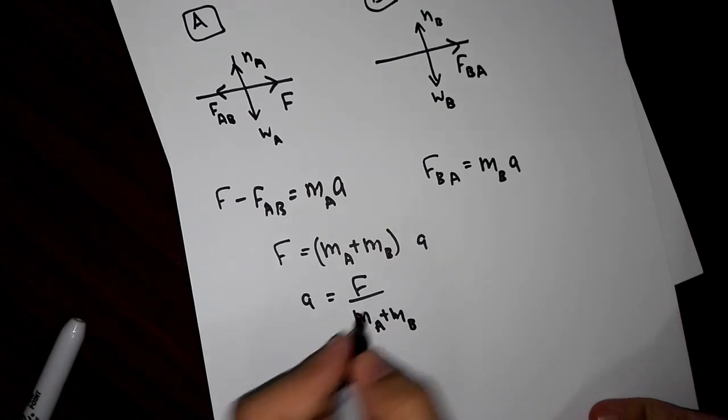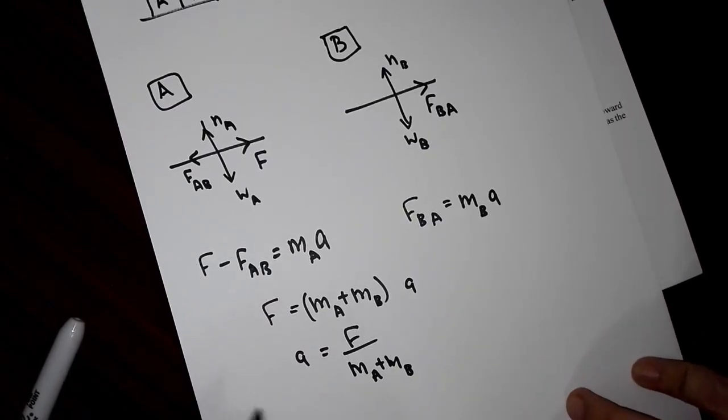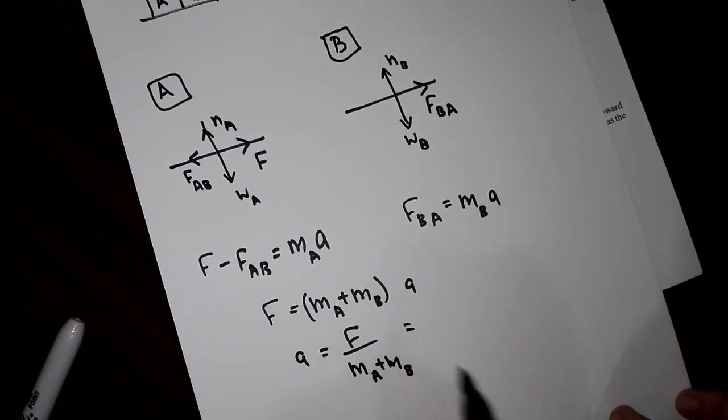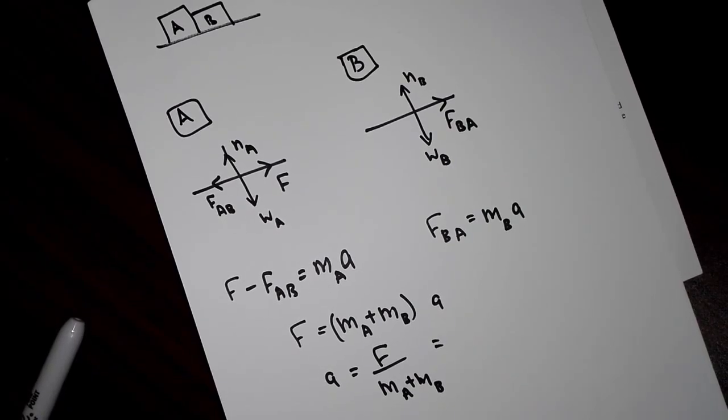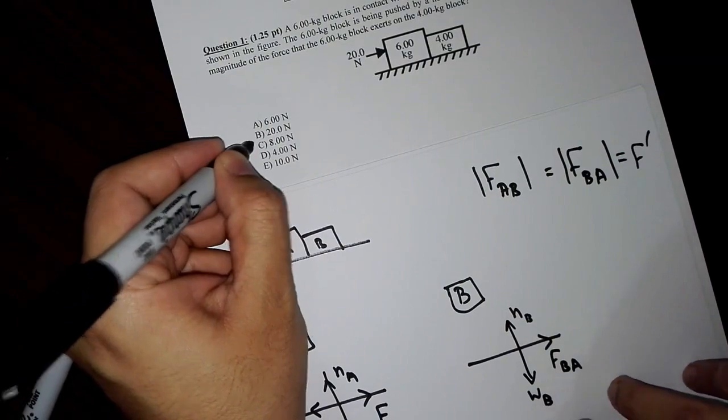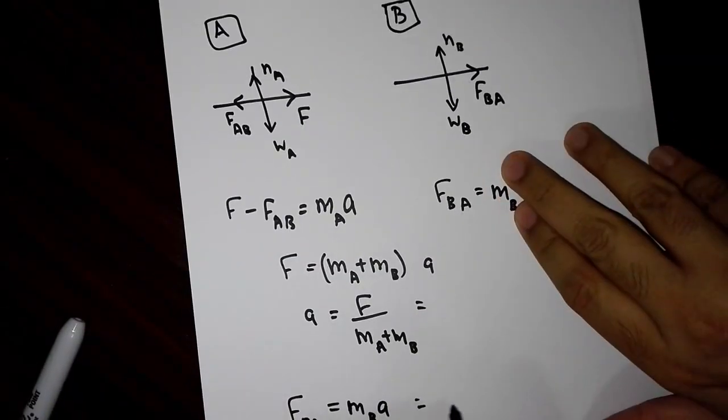You can just plug in this acceleration in this equation, FBA equals MB times A. Once you plug in the numbers, the answer turns out to be 8 newtons. So the answer for this is 8 newtons. You can write that over here.